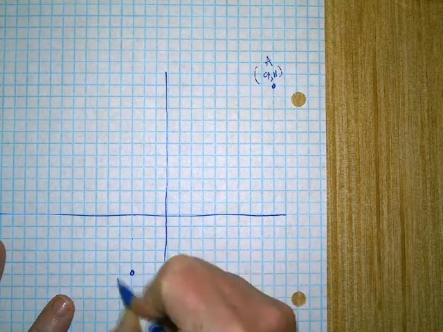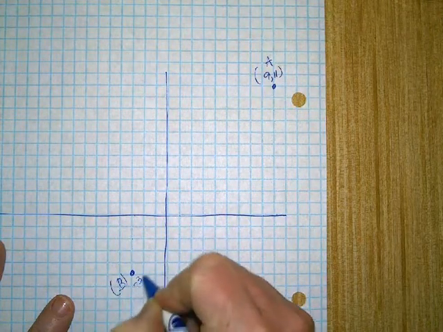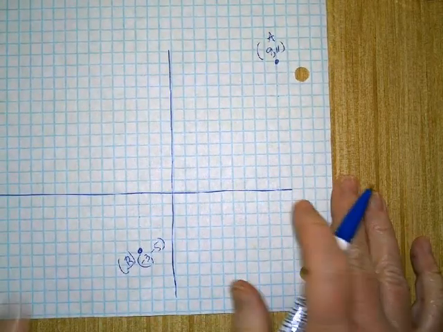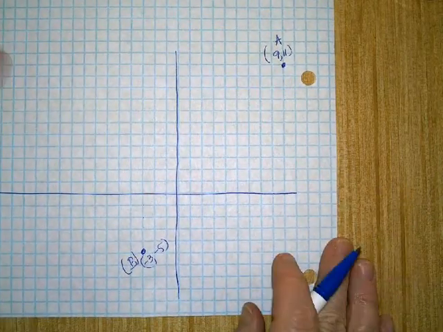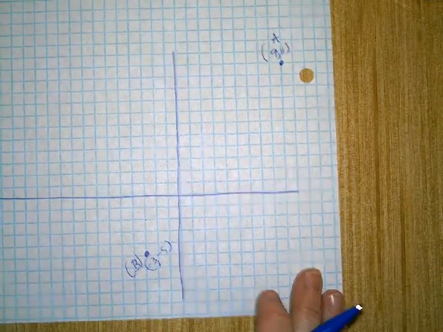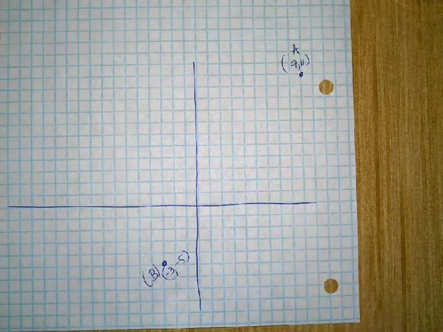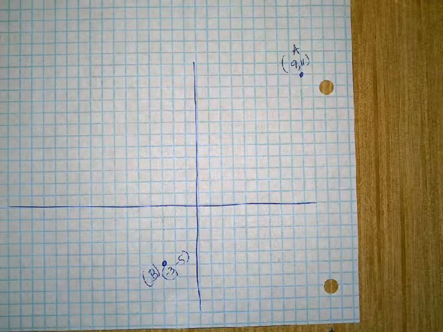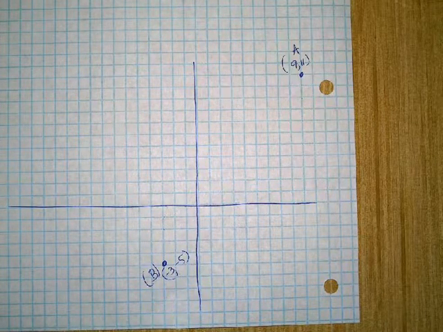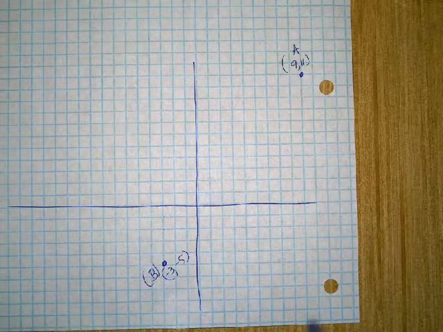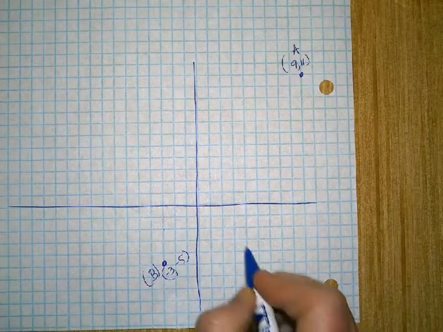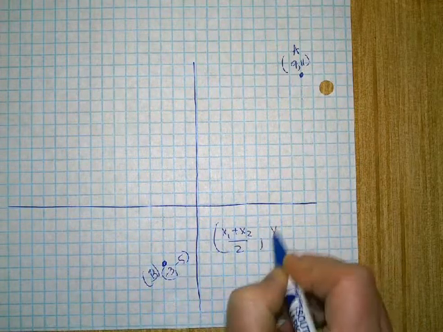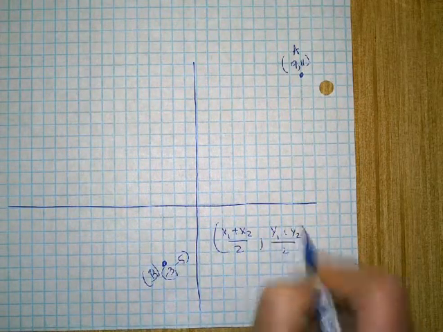And that's B. And they want you to find the midpoint. So how would you find the midpoint? What do you do, Tom? Okay, so tell me what that would look like. Okay? So plug your numbers in.